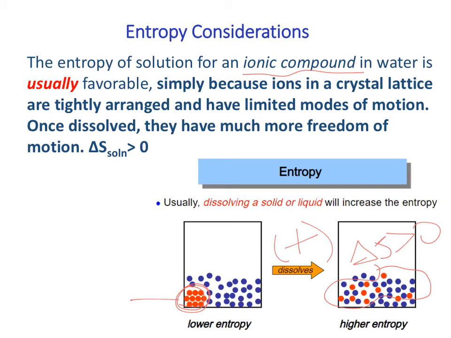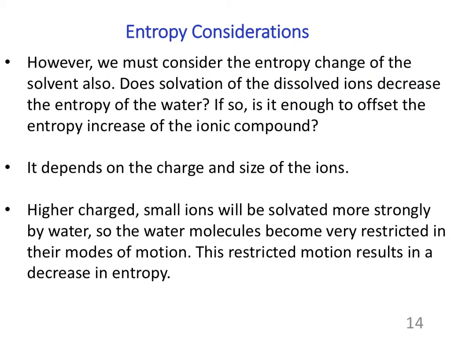However, that, of course, is not the whole story. We also must consider the entropy change of the solvent. We've only looked at it from the perspective of the solute, the ionic compound. What happens when we dissolve ions into water? Does the entropy of the water increase or decrease?